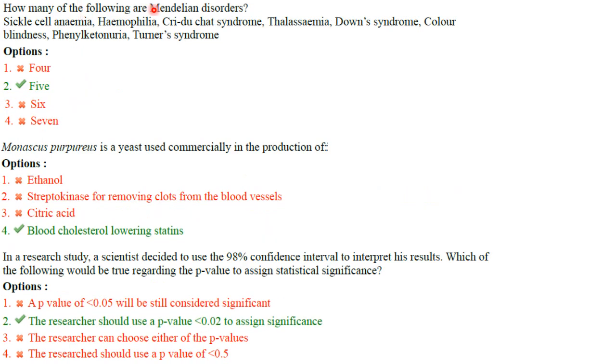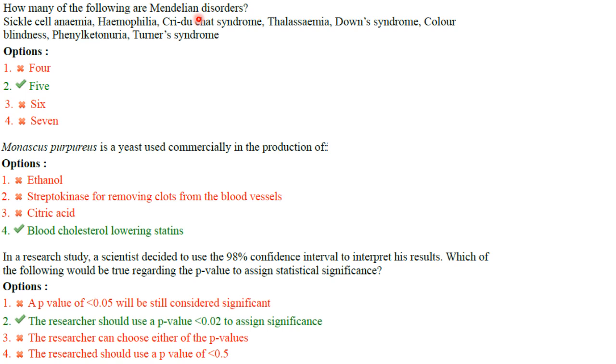Then how many of the following are Mendelian disorders? Now Mendelian disorders are genetic disorders caused at a single genetic locus. They can be autosomal dominant, autosomal recessive, X-linked dominant, X-linked recessive. So out of these, sickle cell anemia, muscular dystrophy, cystic fibrosis, thalassemia, phenylketonuria, color blindness, skeletal dysplasia and hemophilia are Mendelian disorders.